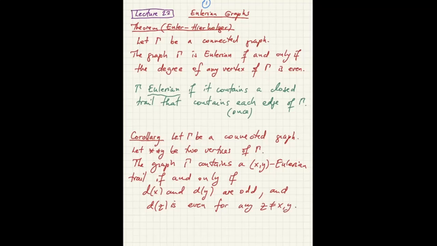So in order to have a trail from X to Y that goes through every edge exactly once, a necessary condition is that the degree of X is odd and the degree of Y is odd and all the other degrees are even. And this can be seen easily by applying a similar argument to the one we did at the beginning with the bridges of Königsberg and so on. And we'll prove in a second that this is also sufficient for the existence of this trail. So let me just give you this definition here.